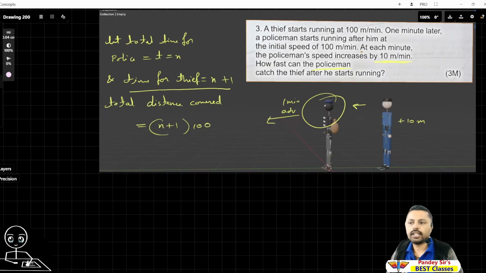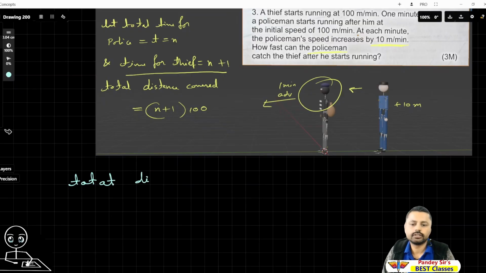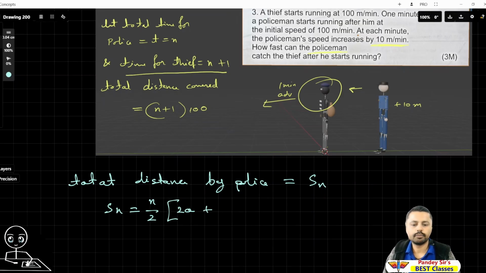Now, let's apply the AP formula for total distance covered. What will be the AP formula for total distance covered? Total distance by police equal to Sn. Sn formula we apply. So Sn equal to n by 2 in bracket 2a plus n minus 1 d.